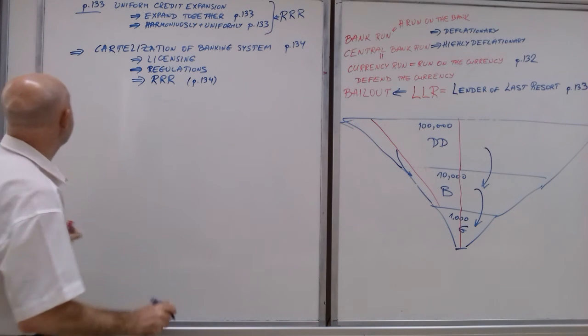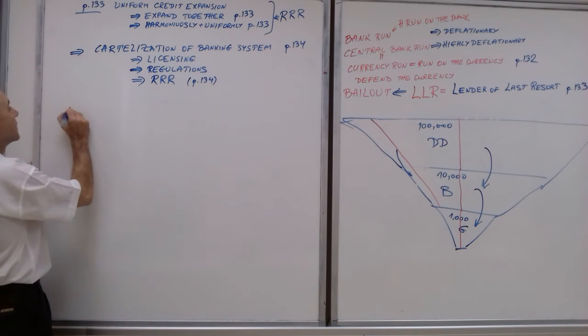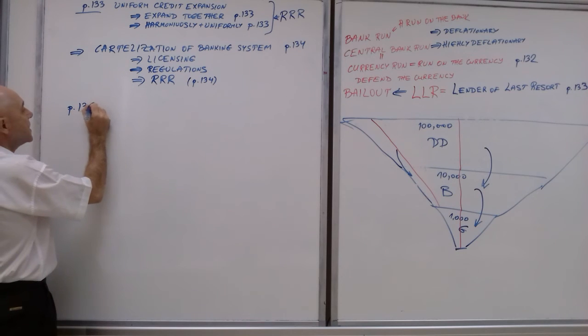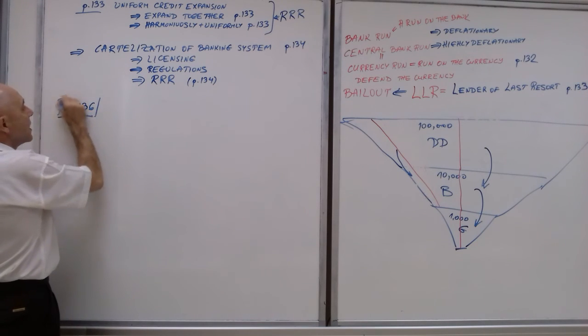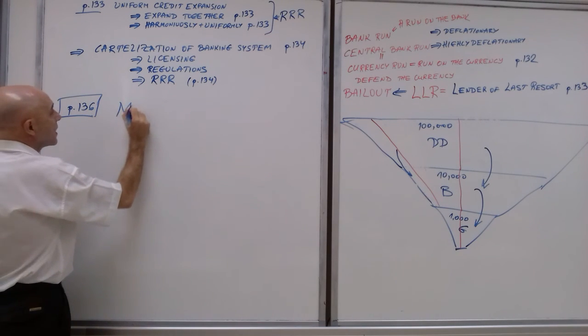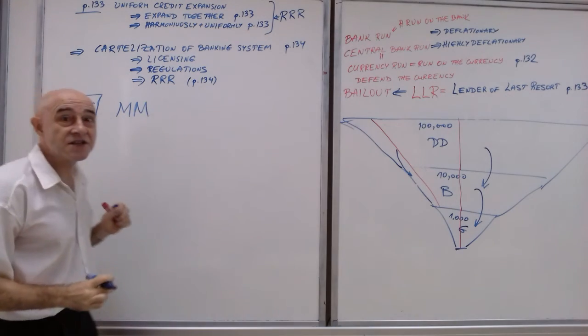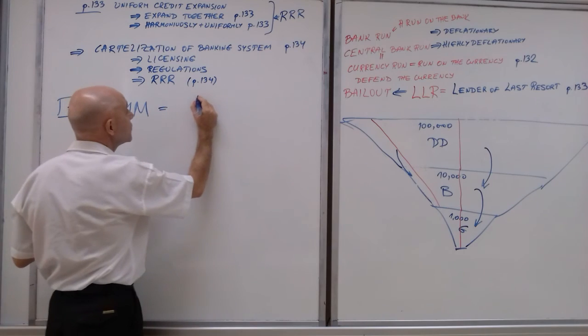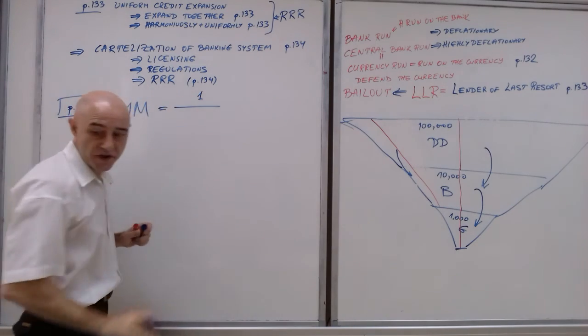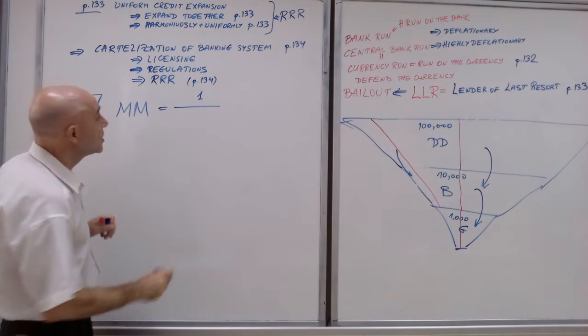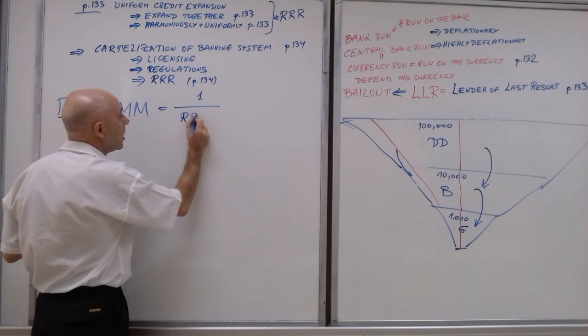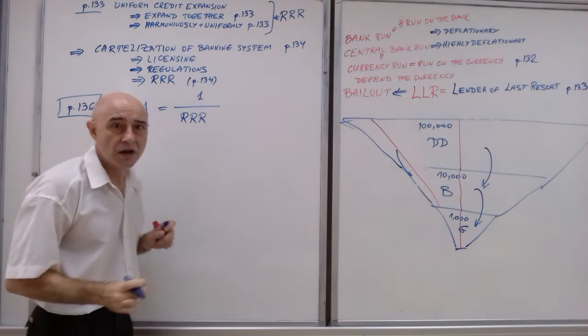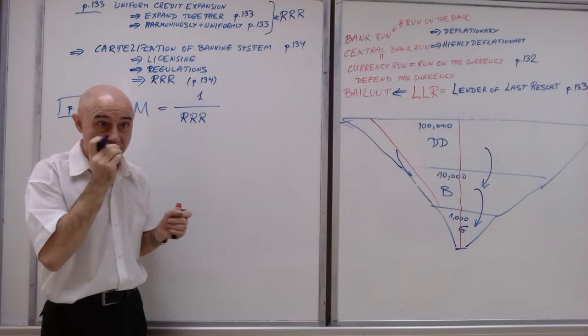The next page, 136, I discussed the money multiplier from last time, which is 1 over the reserve requirement, R, required reserves, okay?